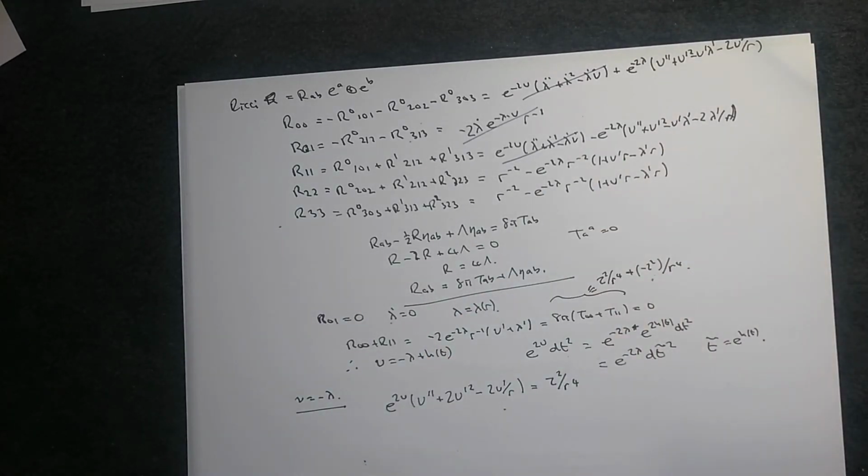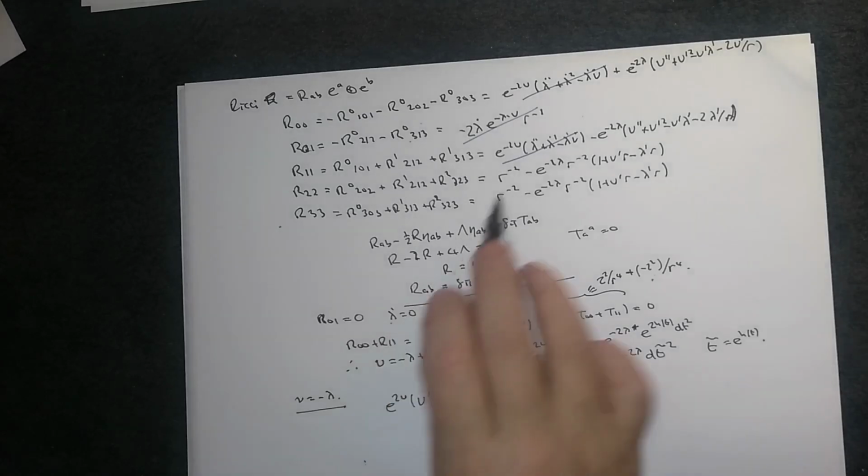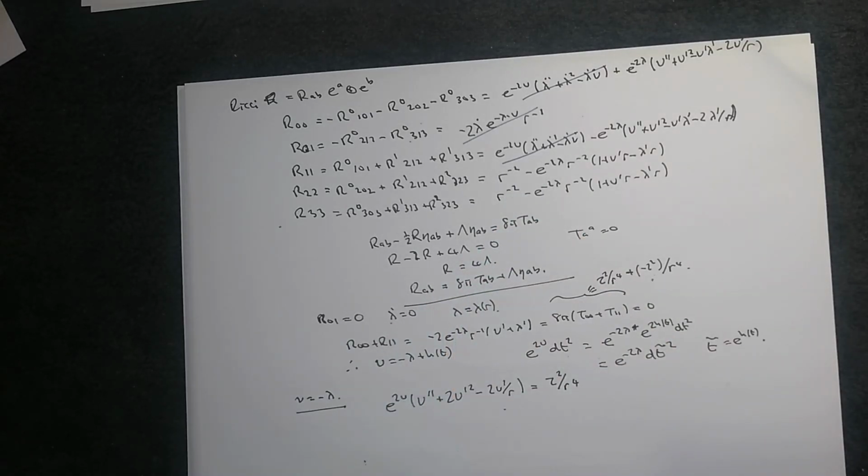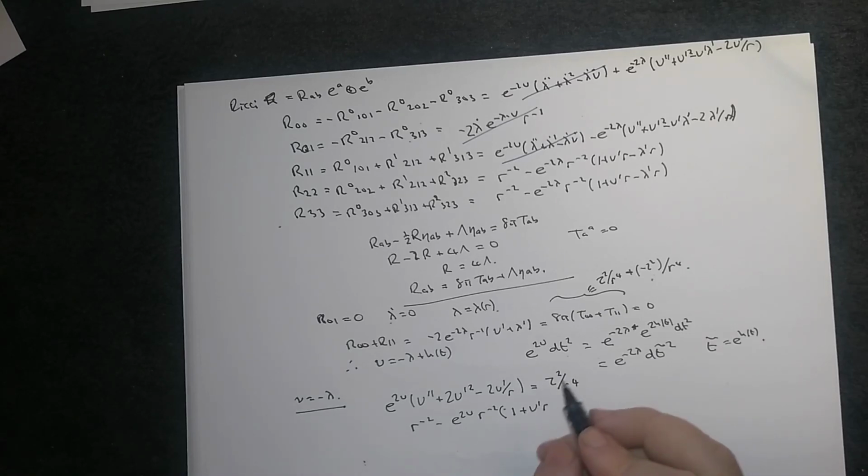This other equation gives exactly the same thing. This one down here tells me that r to the minus 2 minus e to the 2 nu r to the minus 2 into 1 plus 2 nu prime r is equal to z squared over r to the 4th.